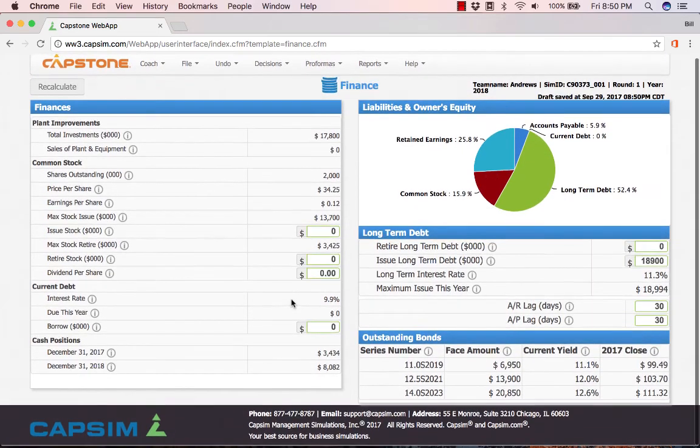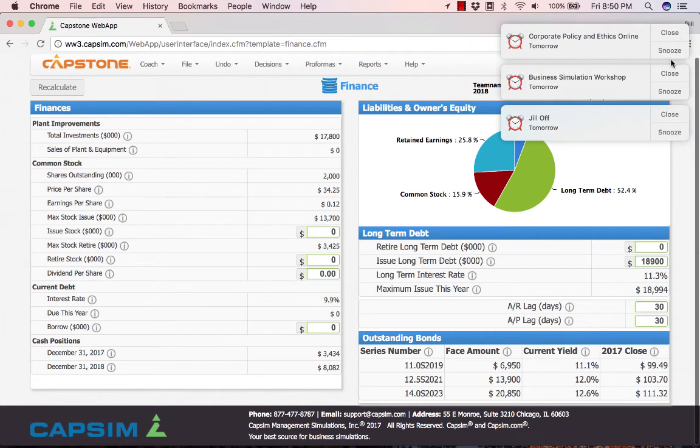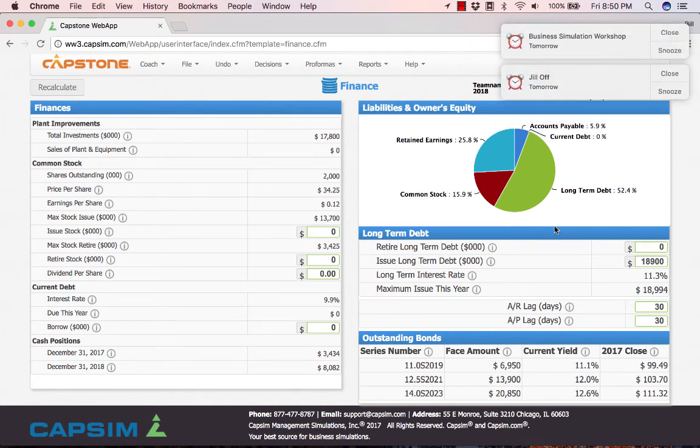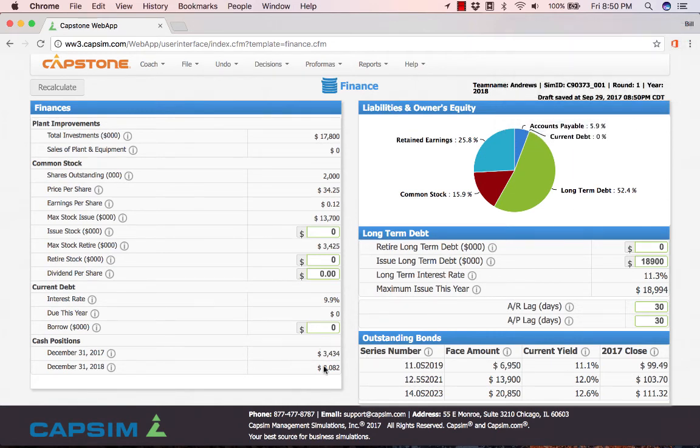Okay. Well, my cash position has suddenly changed. Let me close those. There we go. So my cash position is in the red. That's good, but I usually like to be over that. So I'm going to issue some stock. I'm going to issue 5,000 shares of stock. I don't know what my stock price was. My stock price is now $34.25, I guess.